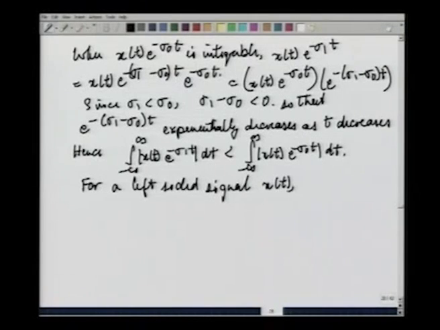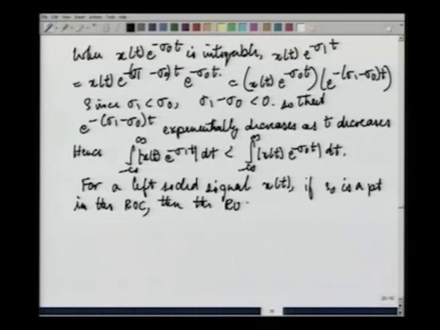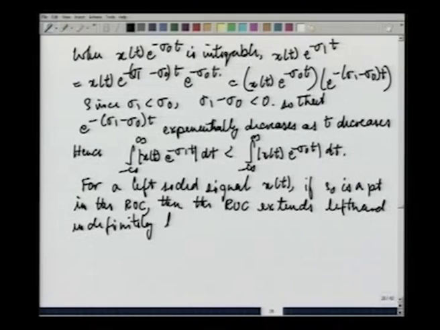So, summarizing, we found that for a left sided signal x t, if S naught is a point in the ROC, then the ROC extends leftward indefinitely beyond S naught.